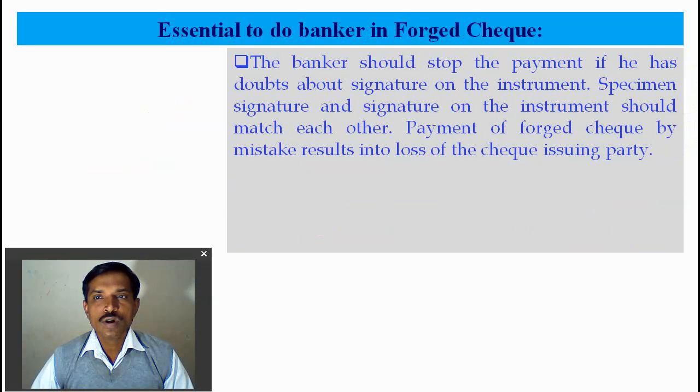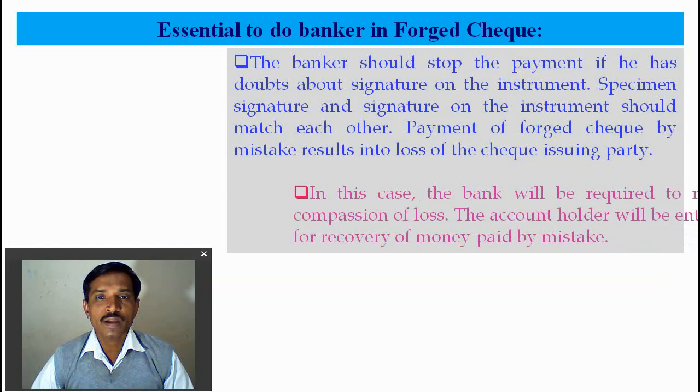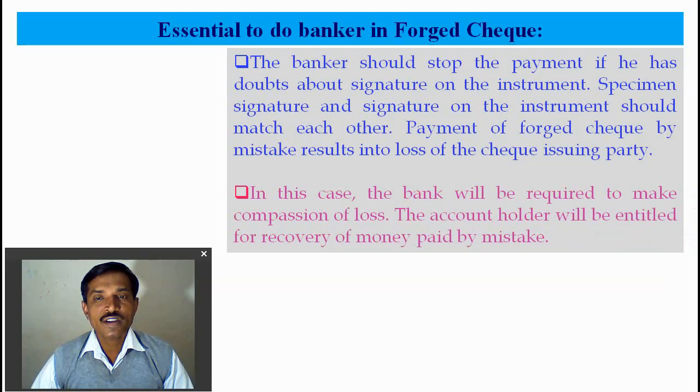The banker should stop the payment if he has doubt about the signature on the instrument. A specimen signature is provided by the customer to the bank. That's why the bank matches the customer's check signature with the specimen signature, and if the bank has any doubt, the bank asks for another signature on the document or refuses the payment of the check.